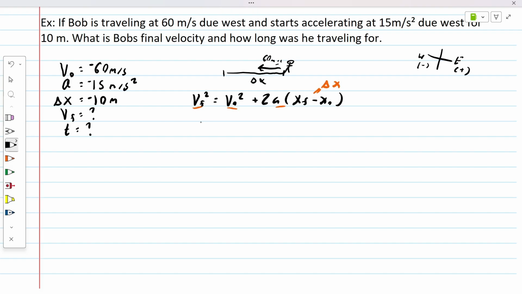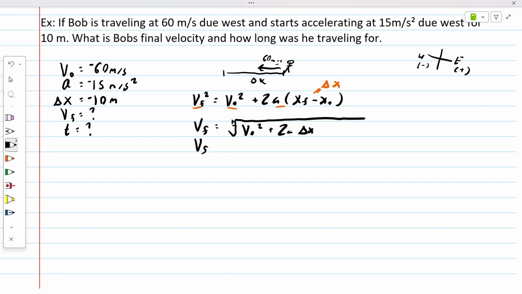So if we take the square root of each side, we end up getting that the v final is equal to the square root of v naught squared plus 2a delta x. And this could also be a plus or minus here. Okay. So now that we have our variable we want on its own, we can go ahead and plug in values here.